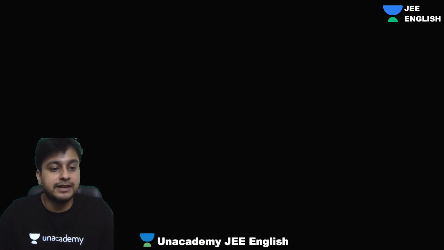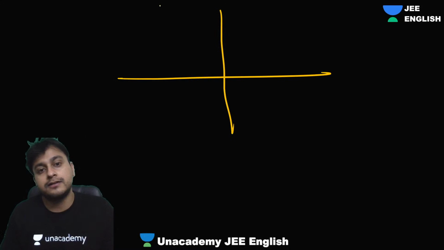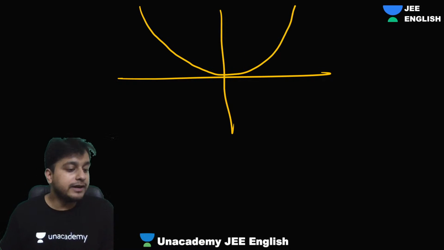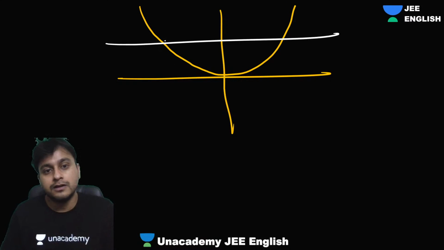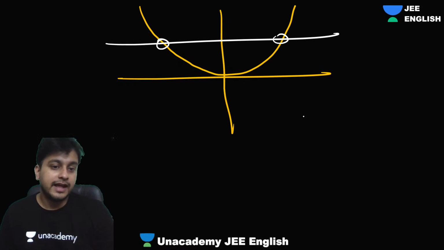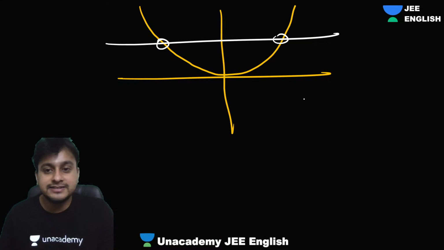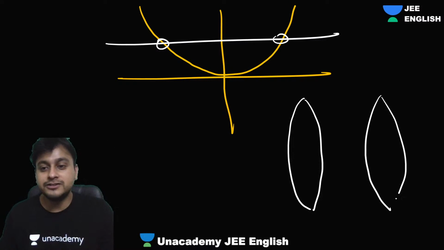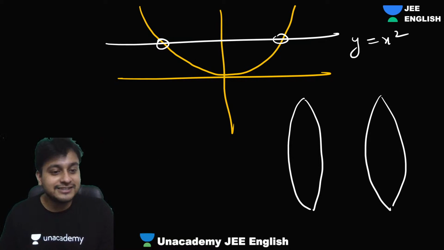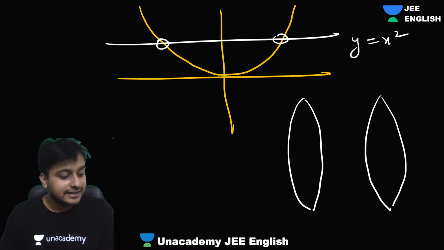Let's take one more example. Let's suppose I have y is equal to x square. How many times will it cut, everyone? Two times, right? And whether it is many one or one-one, you can easily understand. This is a function, y is equal to x square. Obviously, you can check here easily.